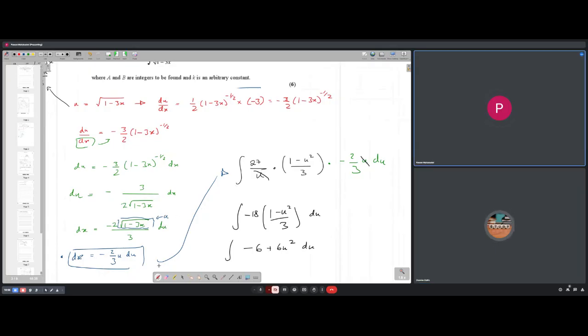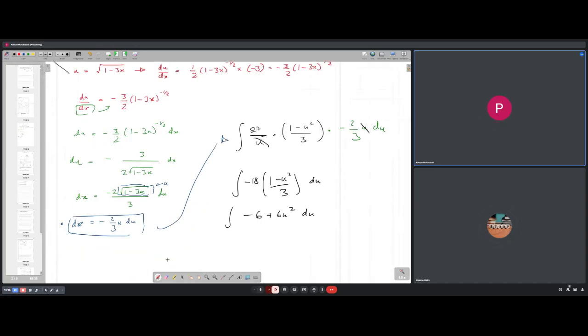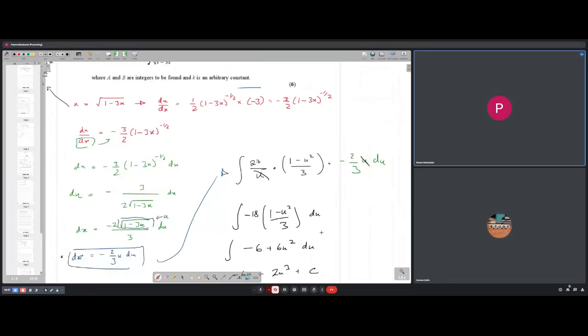This line here: dx is equal to minus 2/3 u times du. Yeah, minus 6u. You integrate that, that will be 2u cubed plus c. Plus k, whatever you want to call it in this case. I'll call it plus c, of course.